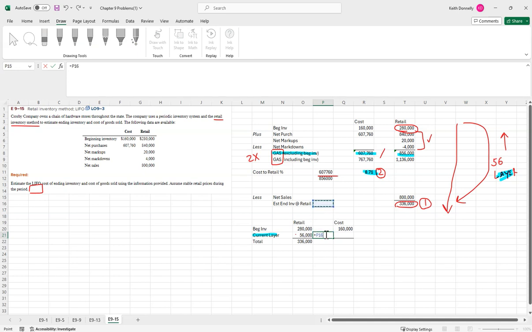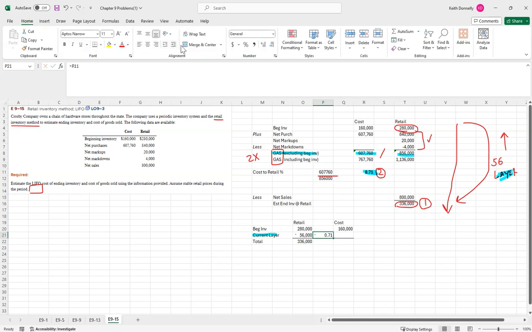So this is going to equal 71%, and then we can cross multiply. 56 times 71%, we're looking at 39,760. We'll add those two together: 199,760.